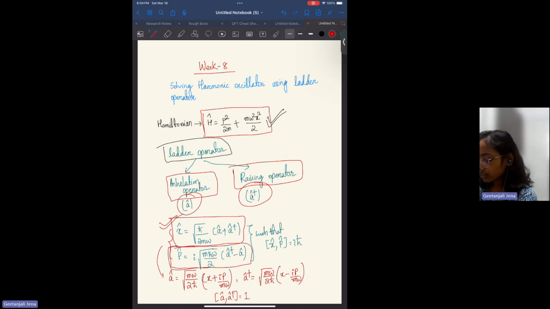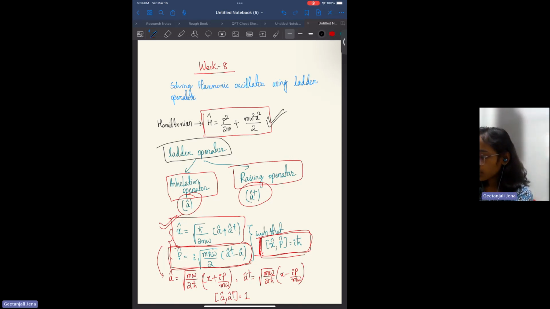These equations are introduced in such a way that the commutation relation that we have known so far, that is [x, p] equals i h cut, remains unchanged. To keep this commutation relation unchanged, we have introduced the ladder operator representation of x and p in this way.